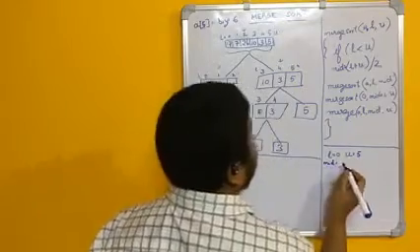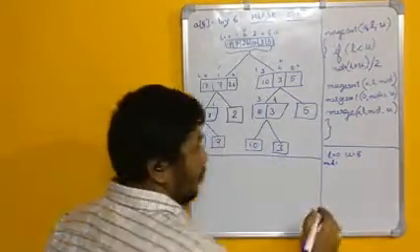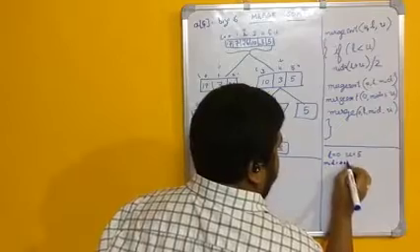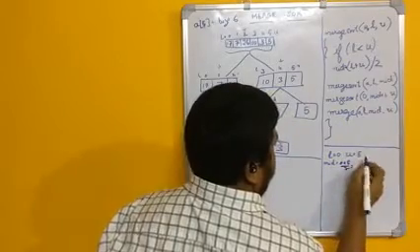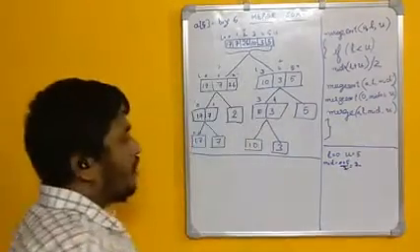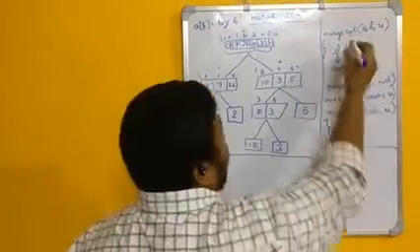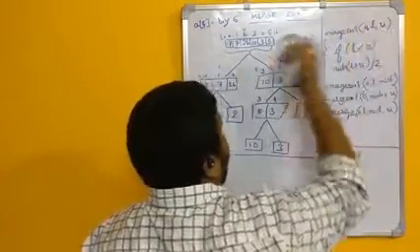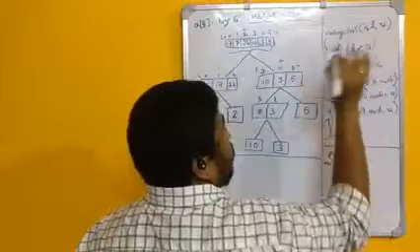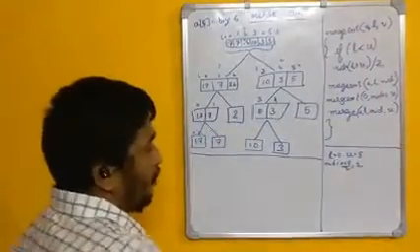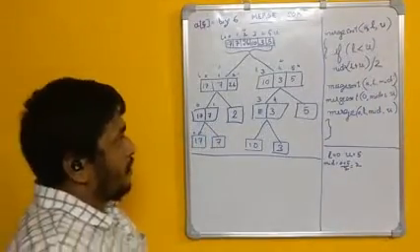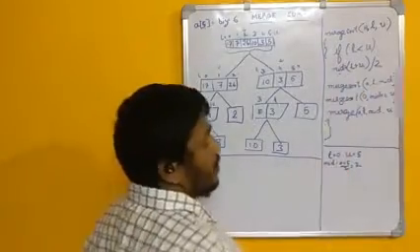Mid is equal to (0 plus 5) divided by 2, that is equal to 2. So mid is 2. We will pass our whole array with lower bound 0 and upper bound mid. Now we have found our mid 2.